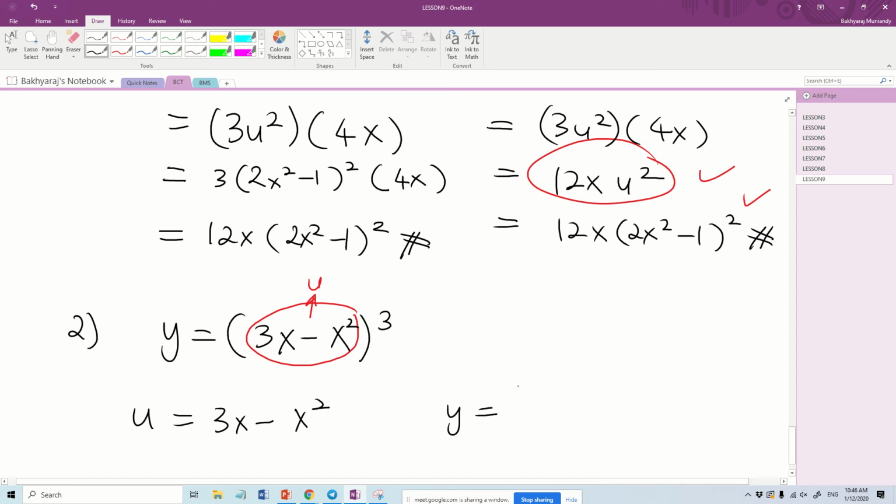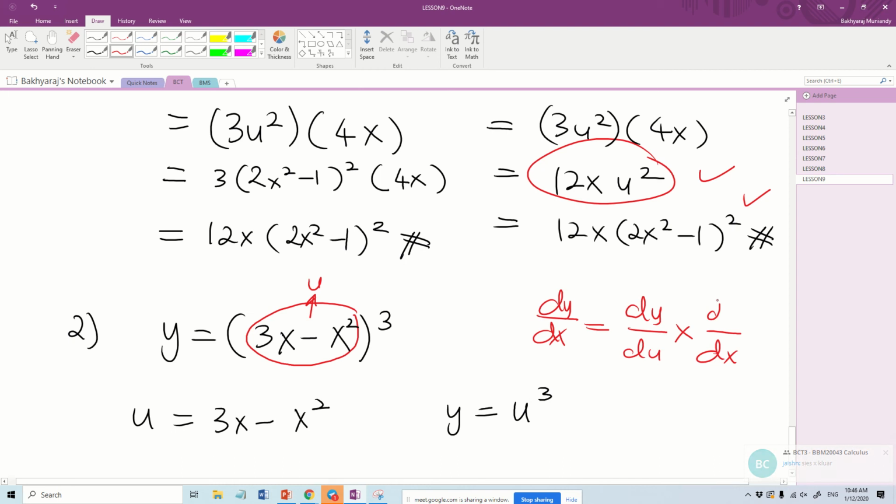Y will be equal to? Yeah, correct. U power of 3 or u cube. So get your formula. Formula is dy/dx equals dy/du times du/dx.